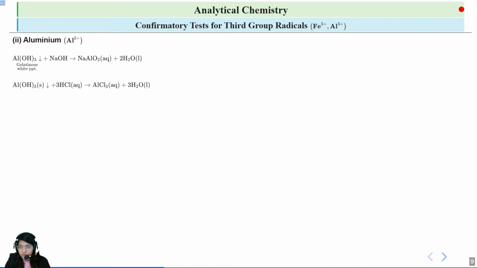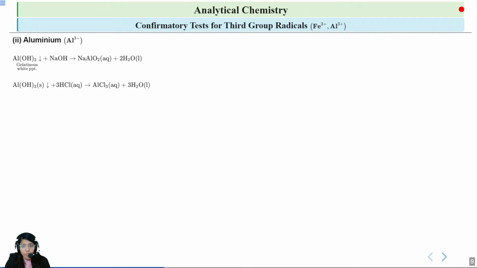This reaction shows the neutralization reaction of aluminum hydroxide with hydrochloric acid, forming aluminum chloride in solution and water. So here aluminum hydroxide is acting as a base and it's reacting with HCl, which is an acid, to form salt and water. The salt is aluminum chloride, AlCl3.